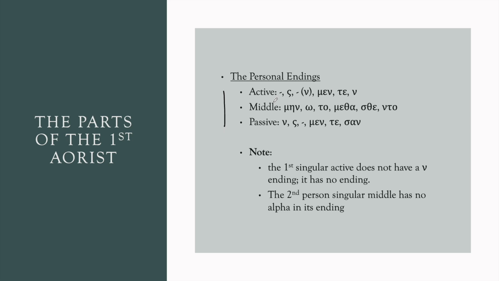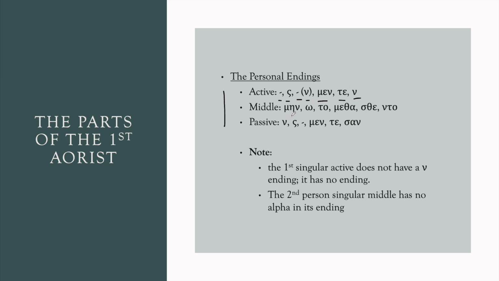So in the active form, you have a zero ending in the first person, a sigma on the end, a zero ending and a movable nu for the third singular, a men for the first plural, a te, and a n. So elusa, elusas, elusen, elusamen, elusate, elusan.